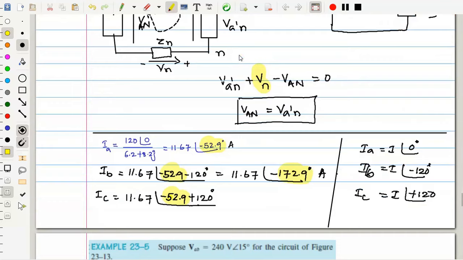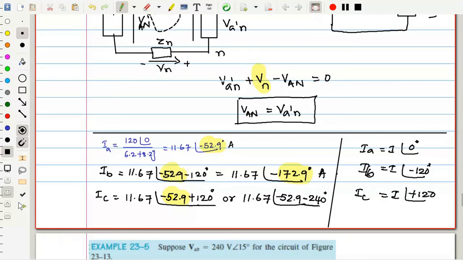Why? Because we said several times, or. So then I can write here both are correct: 11.67 minus 52.9 minus 240. This is also correct. So both are same. Okay.